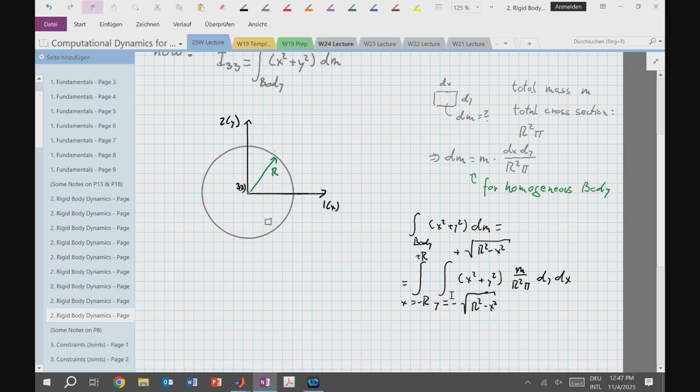And this is now something that I could solve. Or at least I could try, because solving this integral is a nightmare.